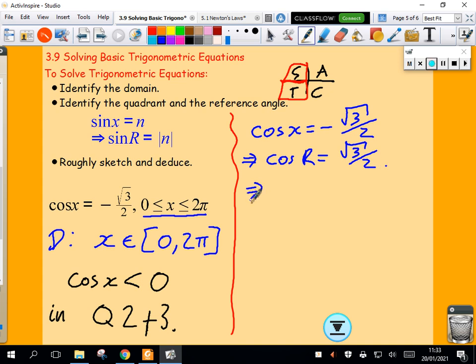You should really know what reference angle will give you root 3 over 2 when you plug it into the cosine function. I know it already, I know it's 30 degrees, but if you don't, type into your calculator cosine inverse of root 3 over 2. Cosine inverse of root 3 over 2 is 30 degrees, or if we're in radian mode, that's going to be pi over 6.